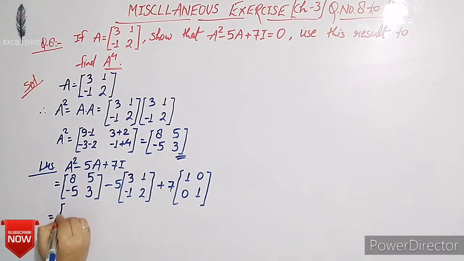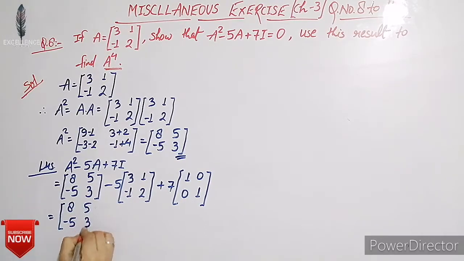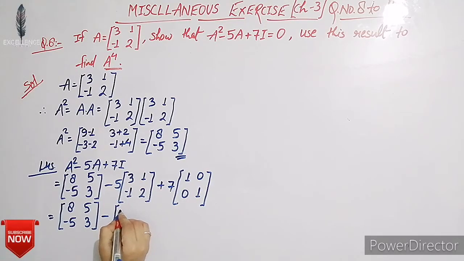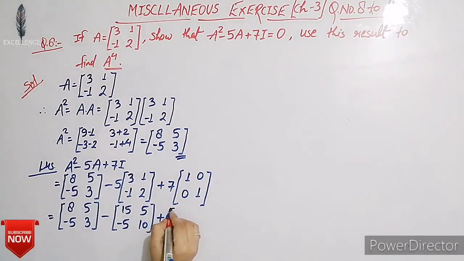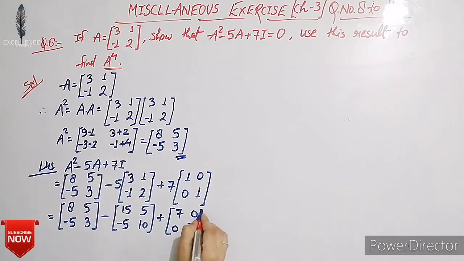On simplifying, we get [8, -5; 5, 3]. Now multiplied by 5, then we get [15, -5; 5, 10]. And here it becomes [7, 0; 0, 7].